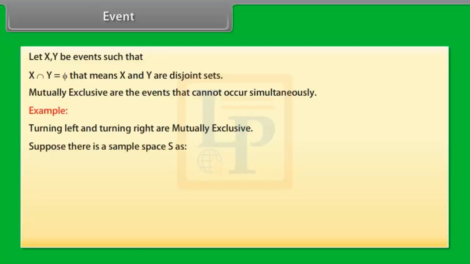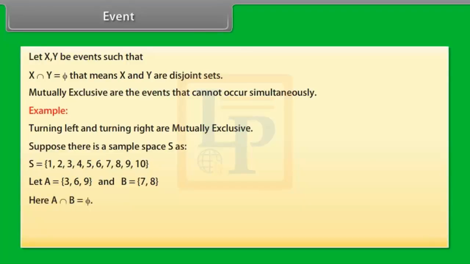Suppose there is a sample space S as S is equal to 1, 2, 3, 4, 5, 6, 7, 8, 9, 10. Let A is equal to 3, 6, 9 and B is equal to 7, 8.